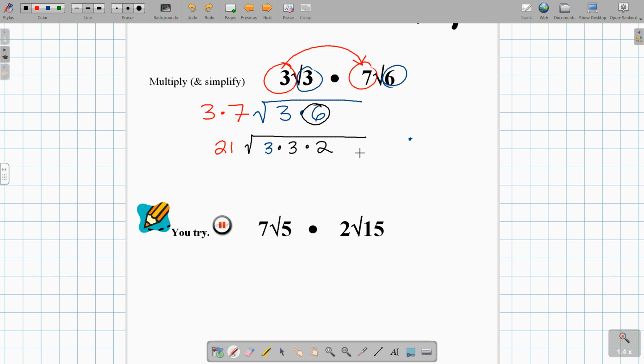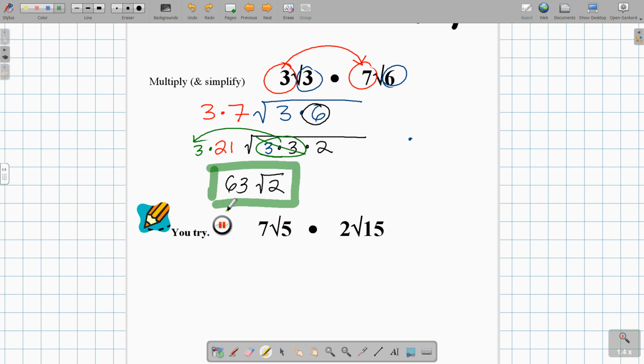First, I'm going to multiply my outies. 7 times 2. And then here I have my innies, 5 times 15. Once again, the key to multiplying is not multiplying, it's factoring. That 5, and then this is going to be 5 times 3.